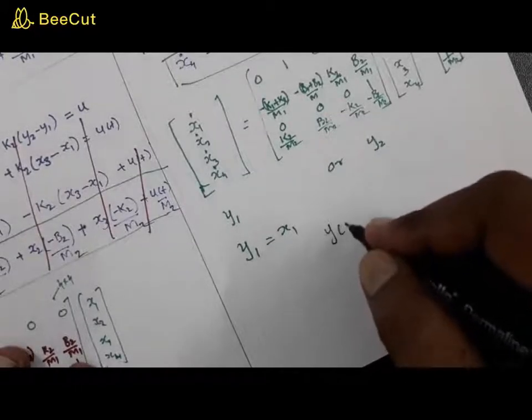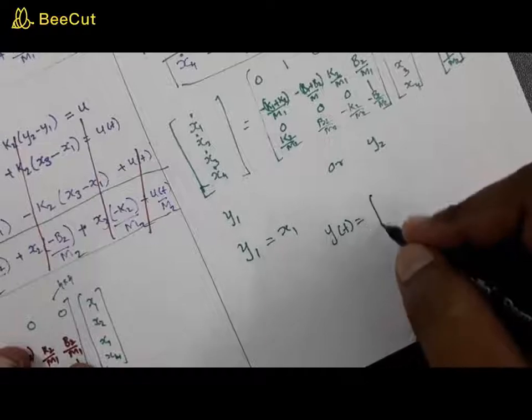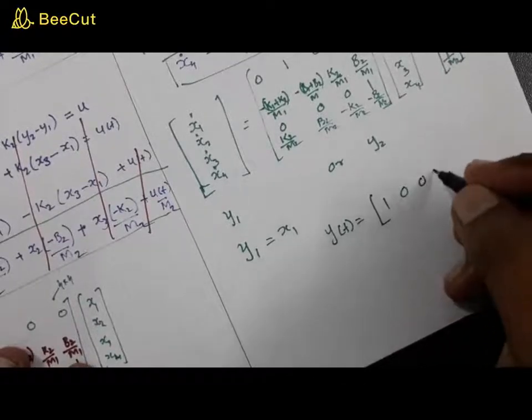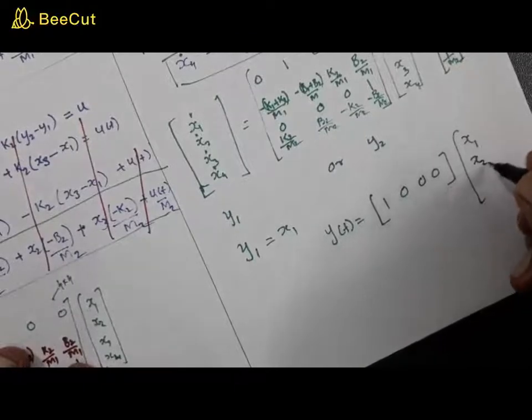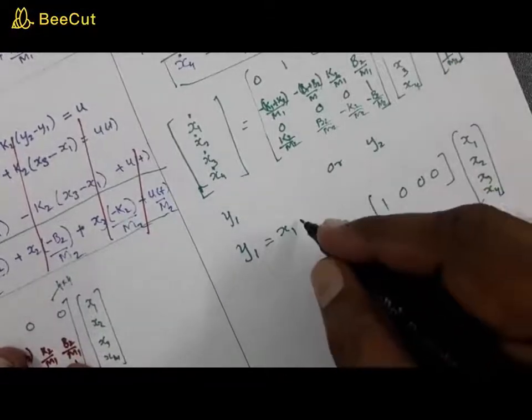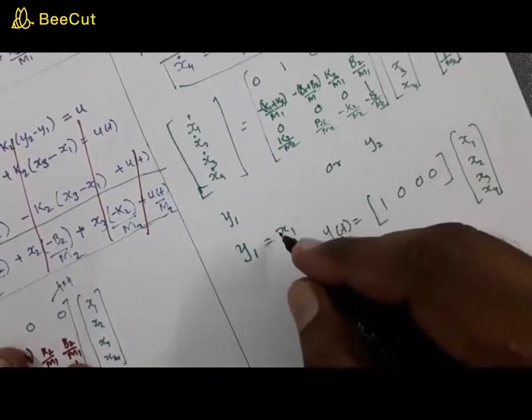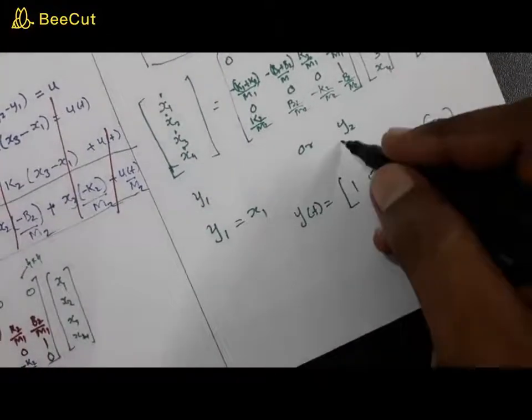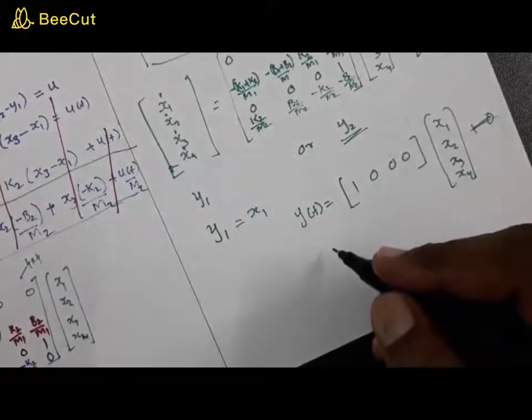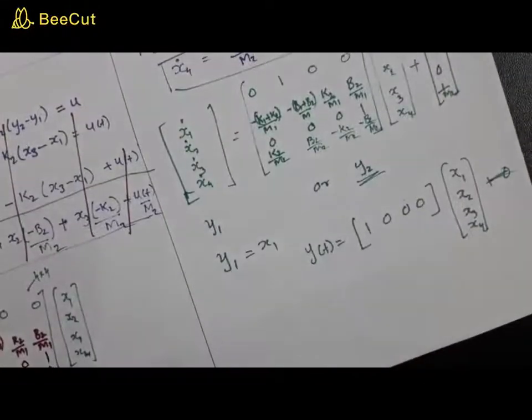The output equation y of t will be equal to 1, 0, 0, 0 into x1, x2, x3, x4. There is no input, only y is assigned as a state variable, so this is plus 0. Now suppose y2 is taken as the output, then what is y2? y2 is x3.